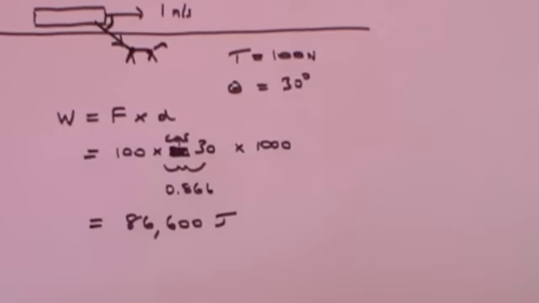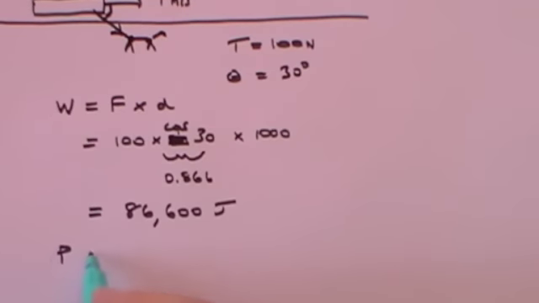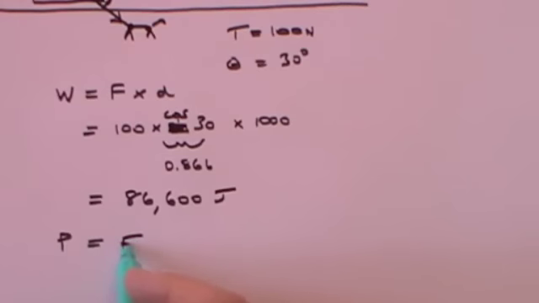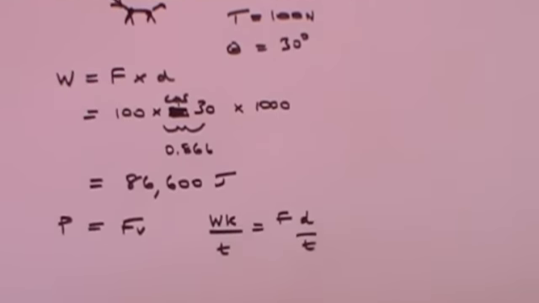What is the power? Power, as I set out in the formula that I used at the beginning, is force times velocity. Just a reminder, power is work done divided by time, t. Work is force times distance divided by t, and distance divided by time is velocity. So that's how we get that.